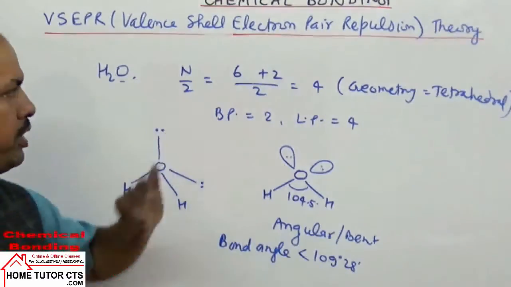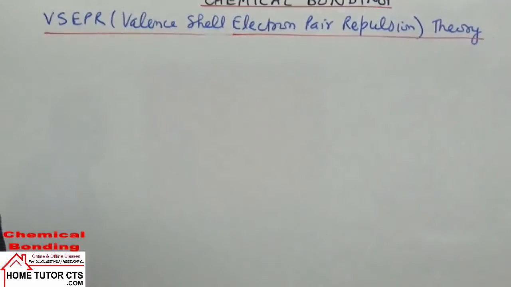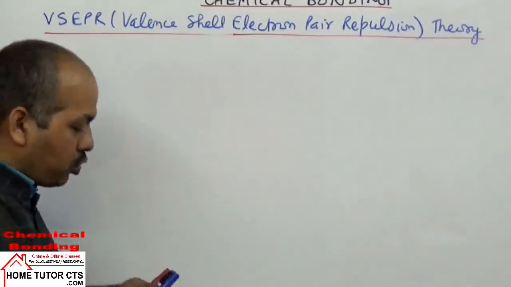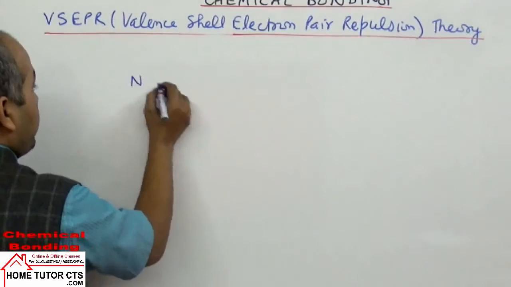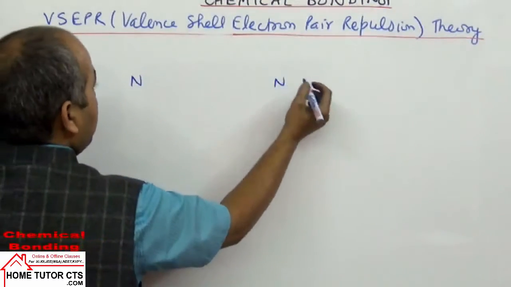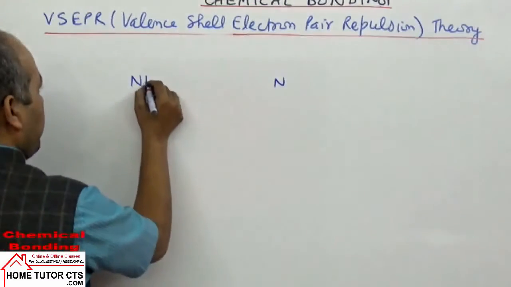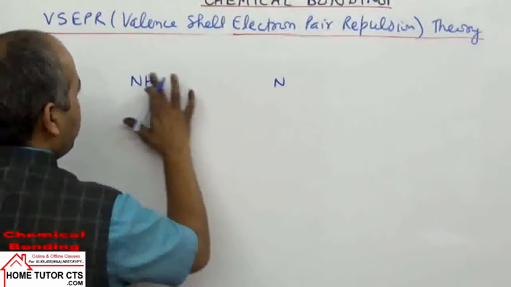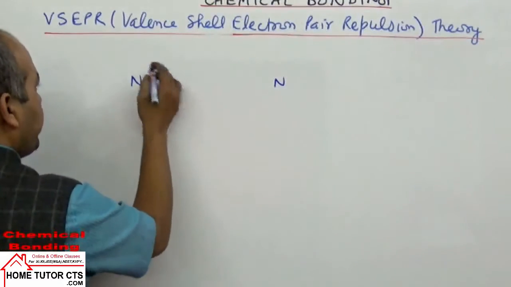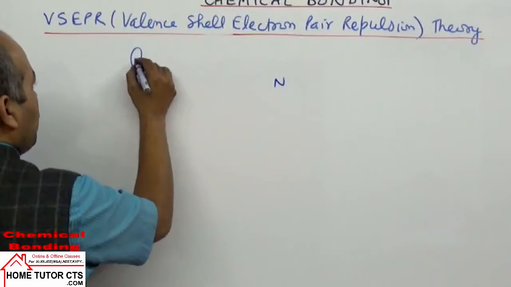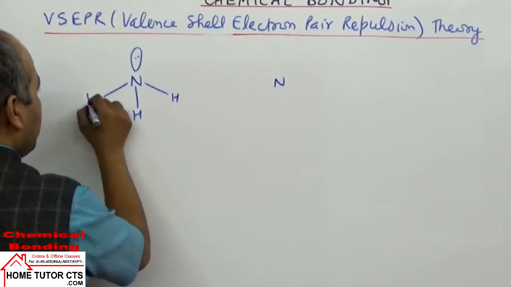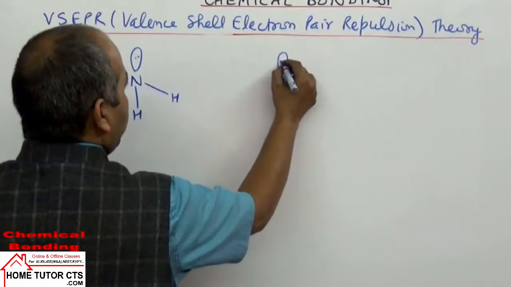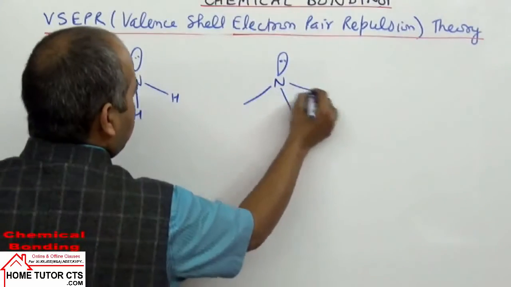Now to apply this point, I will take one question. Suppose a question is given to you to compare the bond angles of the NH3 molecule and the NF3 molecule. If I draw the shape directly, the shape will be of an identical type: 1 lone pair on the central atom and 3 bond pairs in each case.